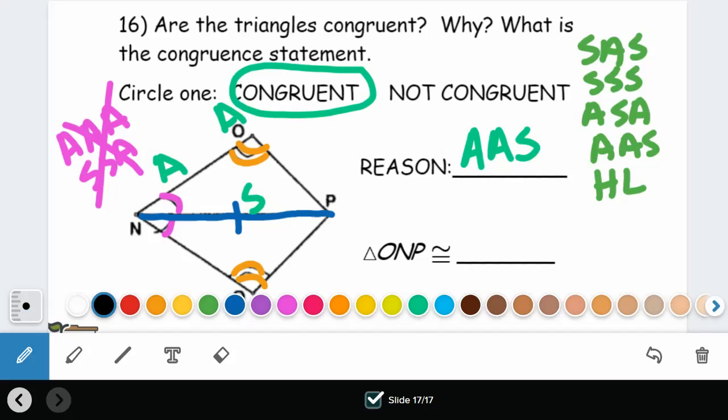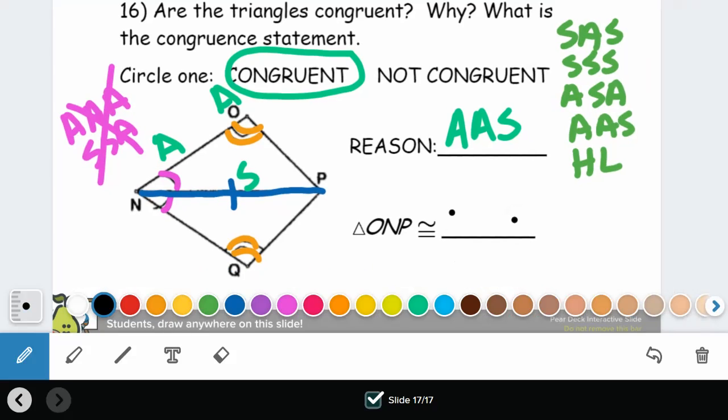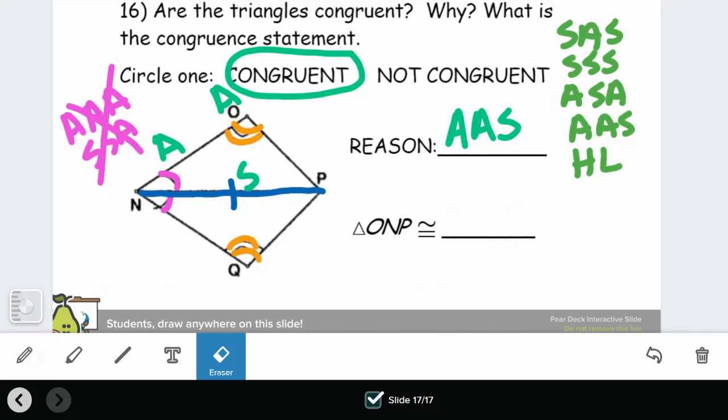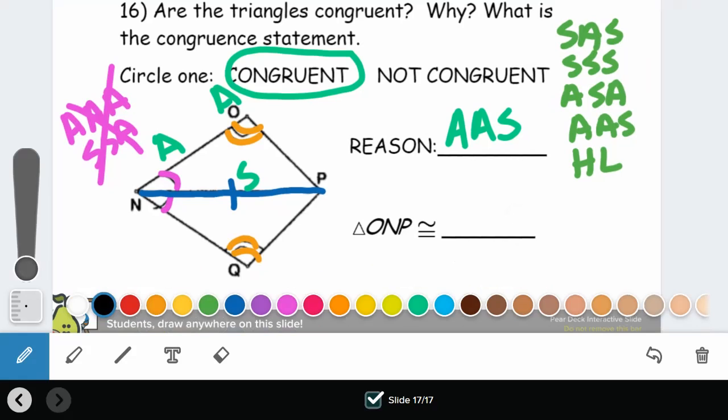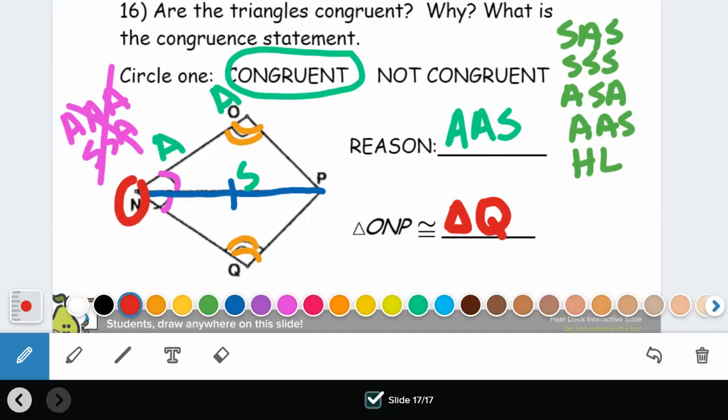So angle O goes with angle Q. Let's try one more time. Triangle Q. And then N is over here with N. So that's going to be N. And then my P. So I got Q and P, O and P. So this is going to be P. And that would be my answer.